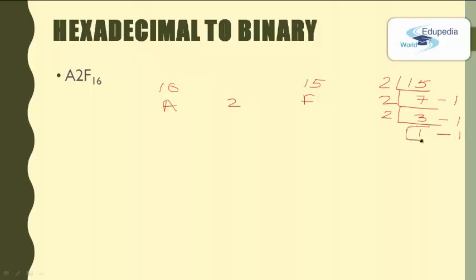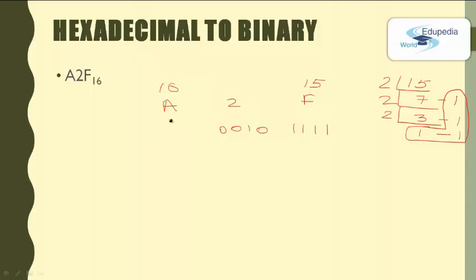So this is the binary equivalent of the decimal value 15. So here 1111. Now 2 means 0010, because this position equals 2 to the power of 0, this position equals 2 to the power of 1, that means 2. So this is the binary equivalent of the decimal 2.